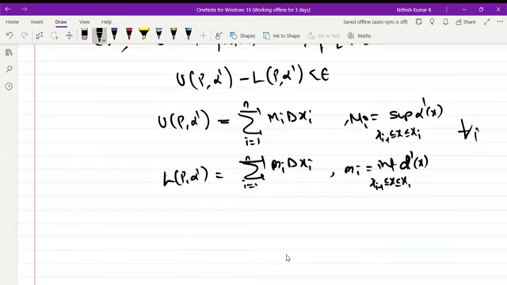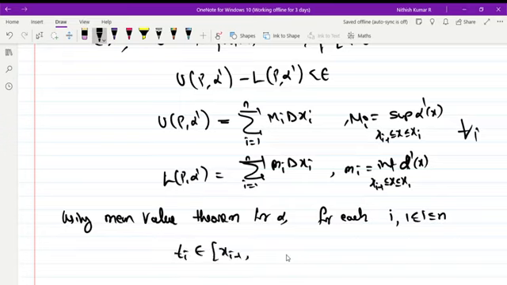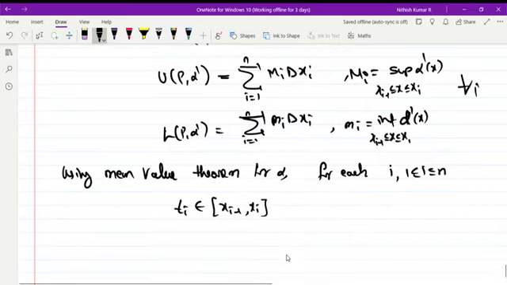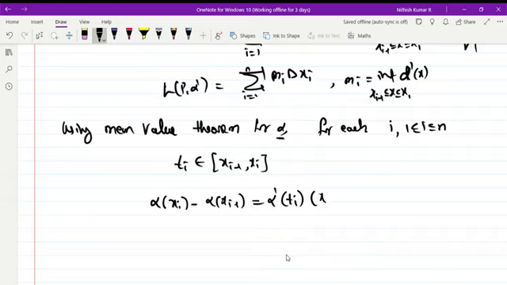So using the mean value theorem for alpha, for each i, 1 less than or equal to i less than or equal to n, we can find in the interval xi minus 1 and xi some ti such that alpha of xi minus alpha of xi minus 1 is equal to alpha dash of ti into (xi minus xi minus 1).